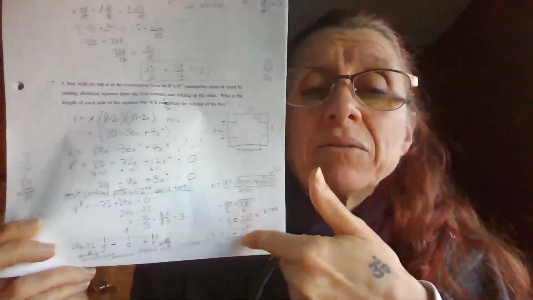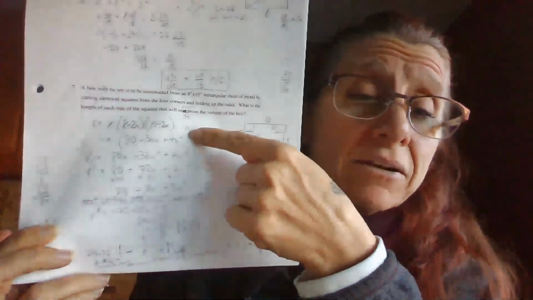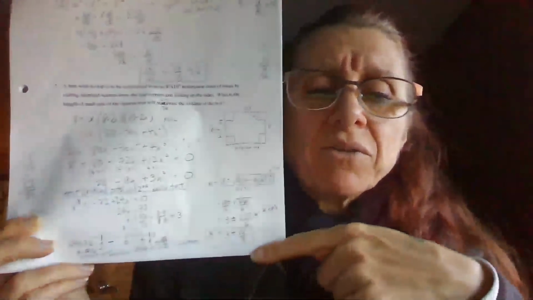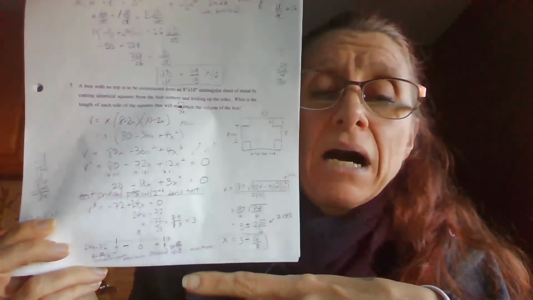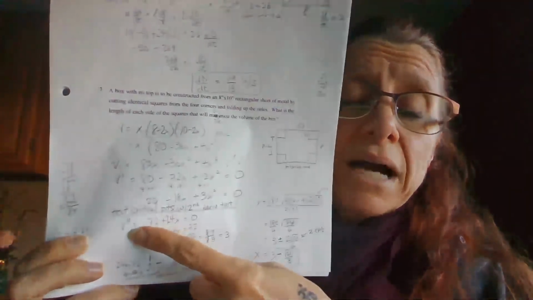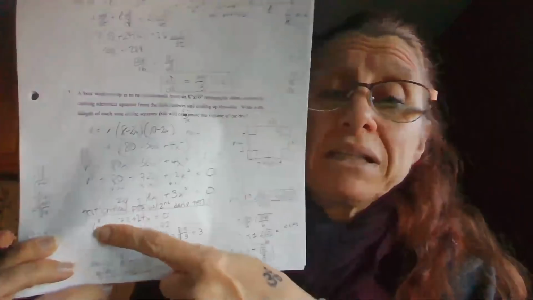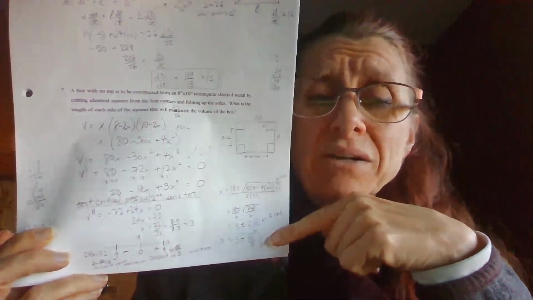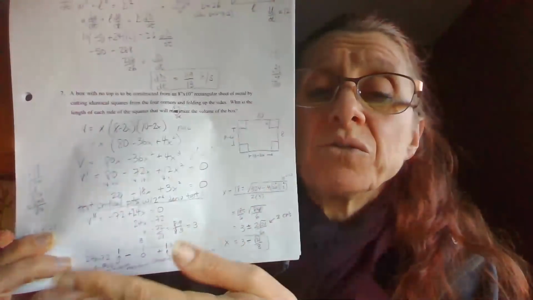But I don't want to have to plug this in to see if it's positive or negative, or a min or a max. I opted not to do that. Since I had a nice polynomial, it was easier to take the second derivative test in this case, rather than doing a sign chart, because you don't really have good factors and stuff.